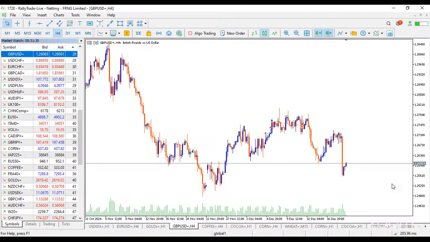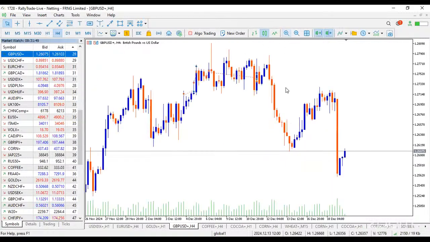This GBPUSD, the same thing happened to GBPUSD. We got a very big push to the downside. Then, of course, the market is also retracing. Let's see how much it has retraced.